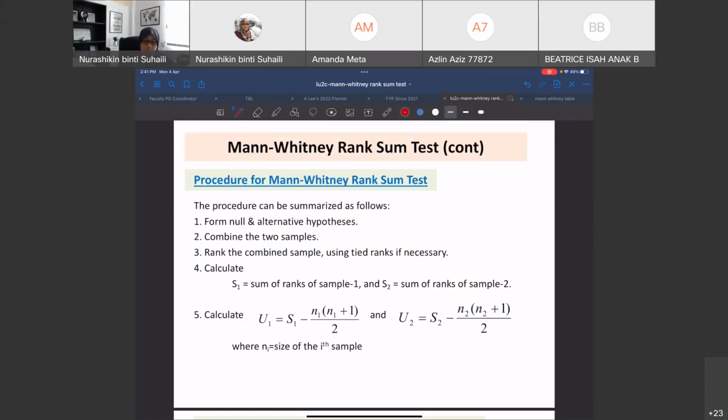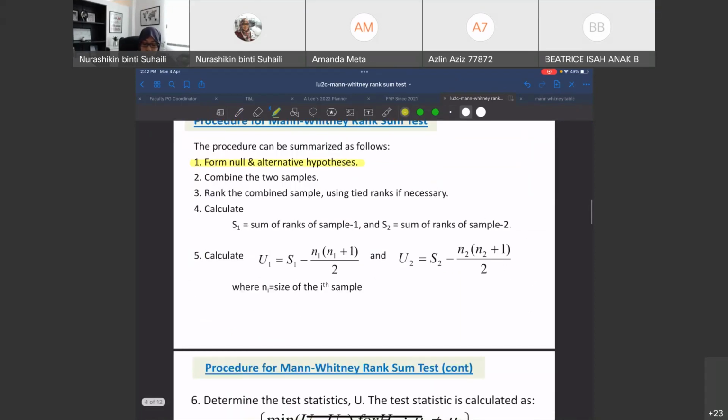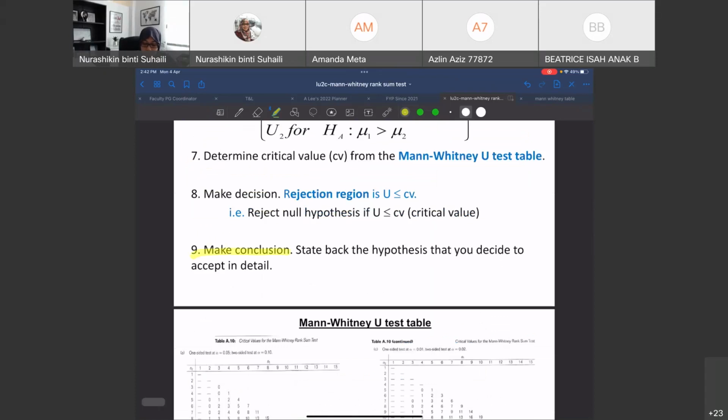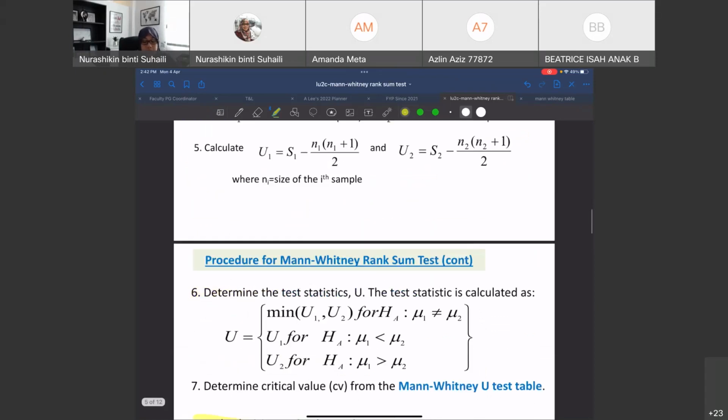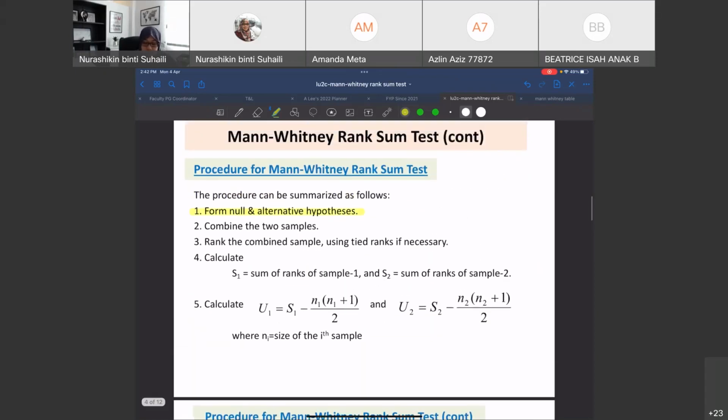But as I said before, the first and the last steps are similar to other tests: the hypothesis for the first one, and the last one, or even the second last one, is to make a conclusion. That is typical of any other test, and that's the thing that you have to know.